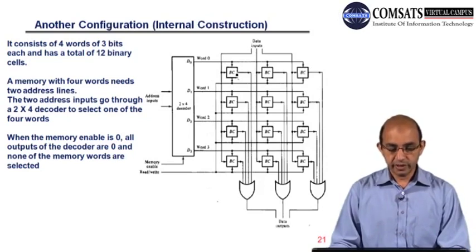Each binary cell can store 1 bit, so 4 words of 3 bits each has a total of 12 binary cells if I count. Those are the 12 binary cells.